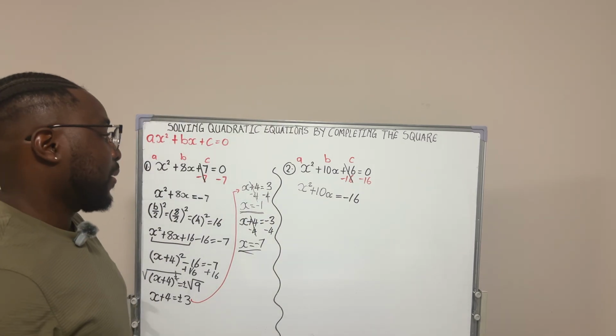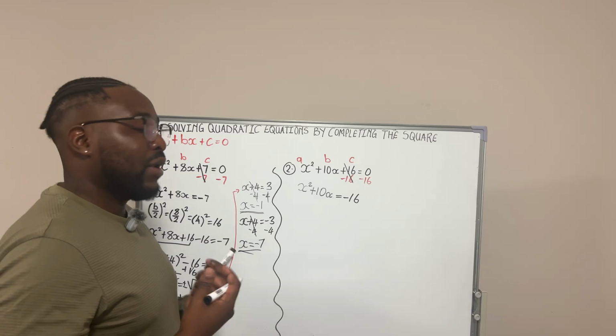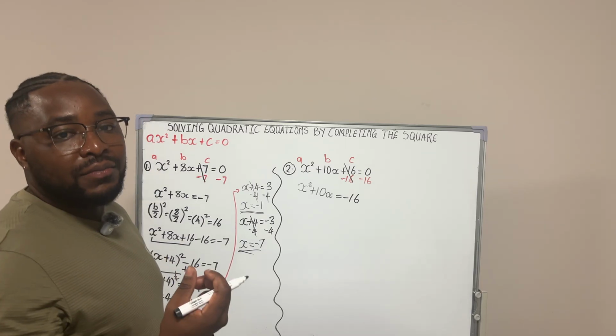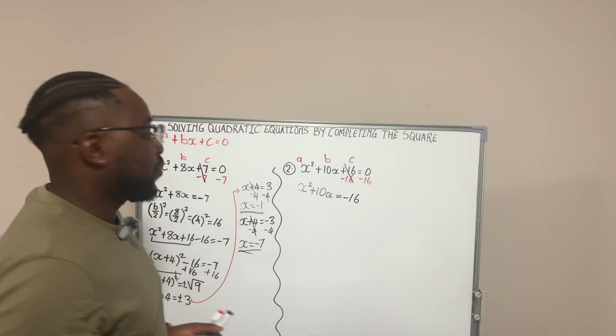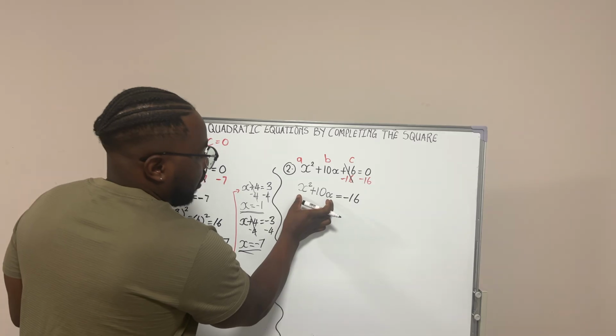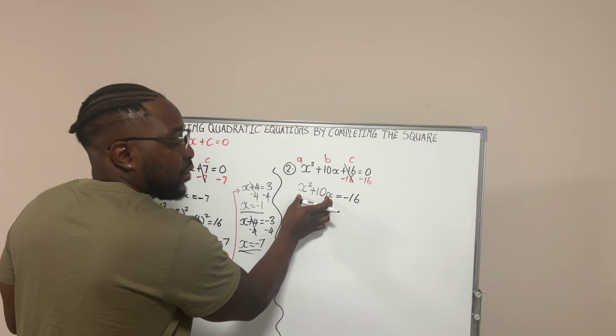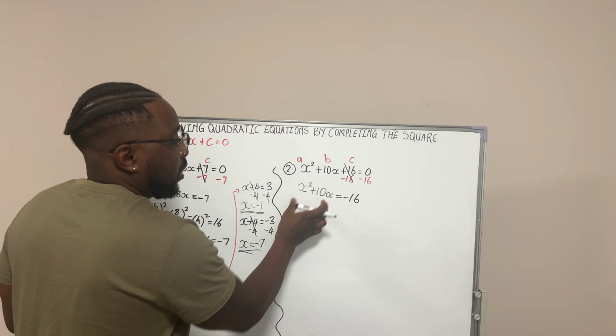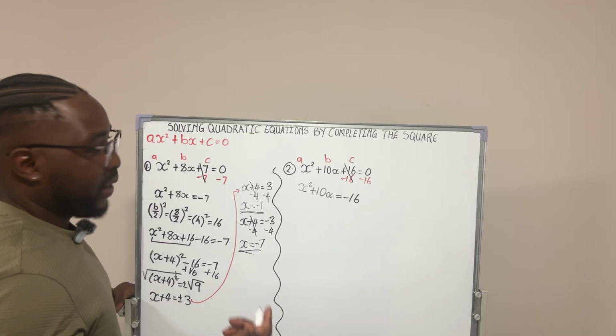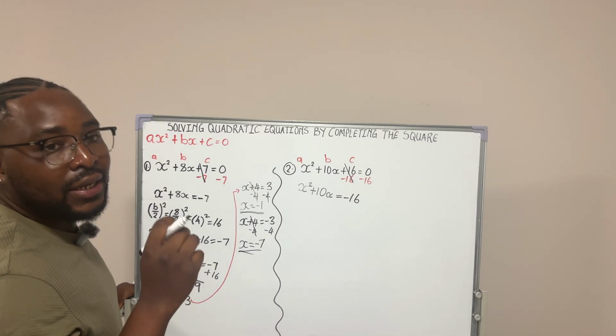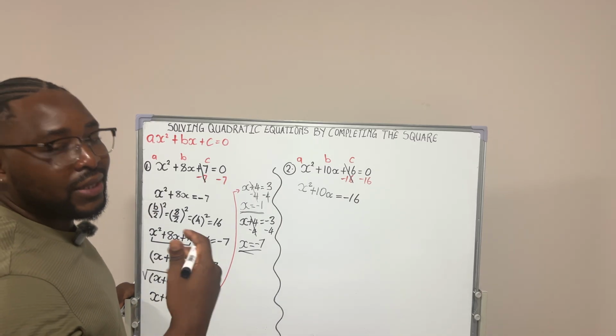Negative 16. What's our next step? Our next step is to find a number that we can add and subtract to this expression over here without changing the value of the expression. And we said we can find that number by what? By taking the half coefficient of x and then we square it.